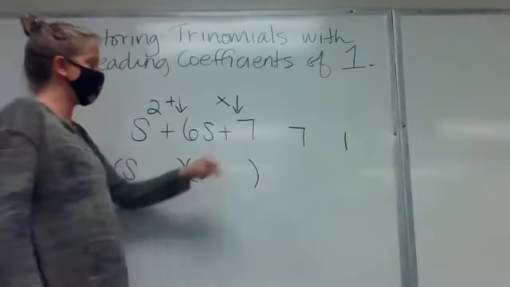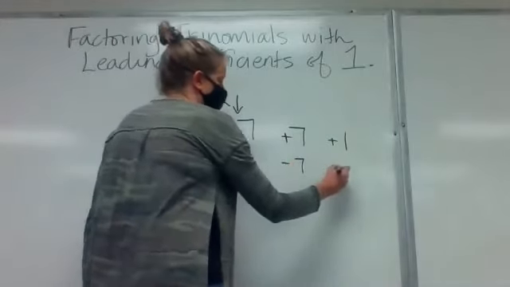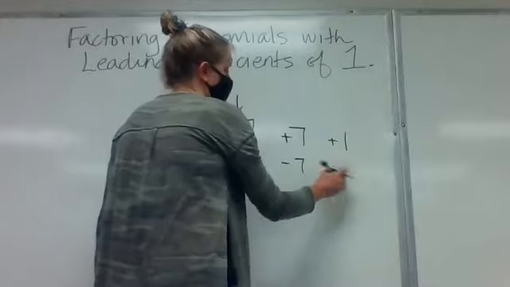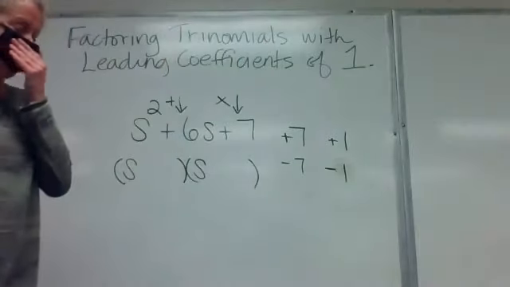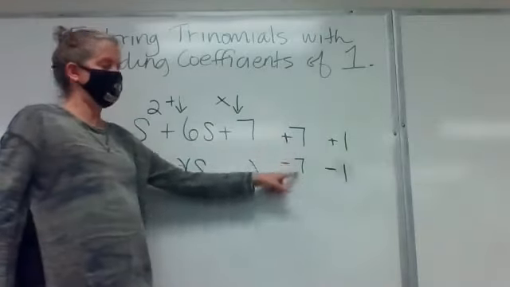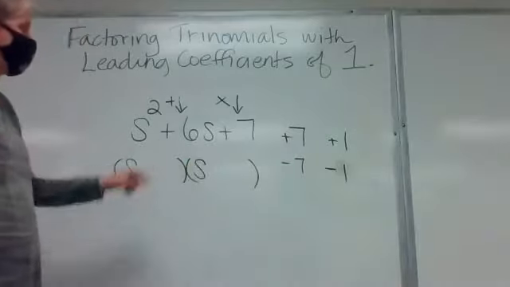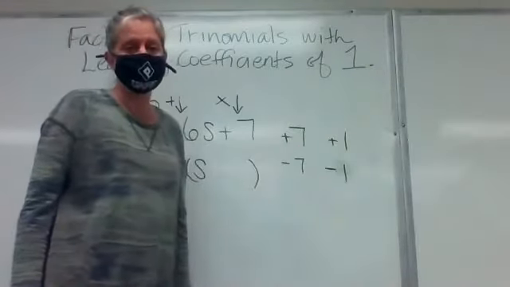If I'm going to multiply to equal positive, I either have to have 2 positive numbers or 2 negative numbers, right? That's the only 2 ways that you can multiply to equal positive 7. Do either one of these situations add to positive 6? Well, what's positive 7 plus 1? It's 8.